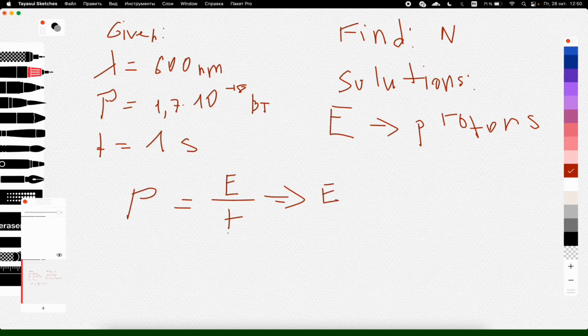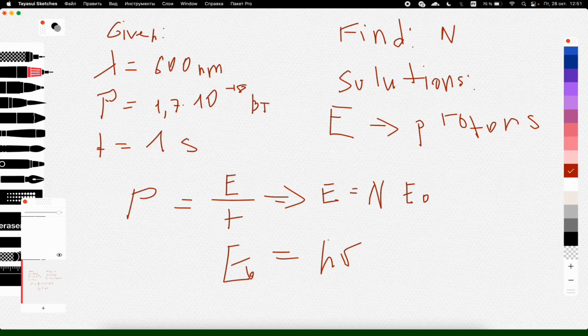From this equation we follow: E equals n multiplied by E0. According to Planck's formula, the photon's energy is proportional to the oscillation frequency and is defined as follows. We know E0 from past problems: E equals h multiplied by v.